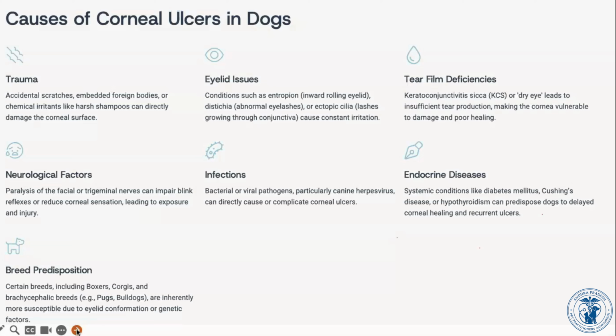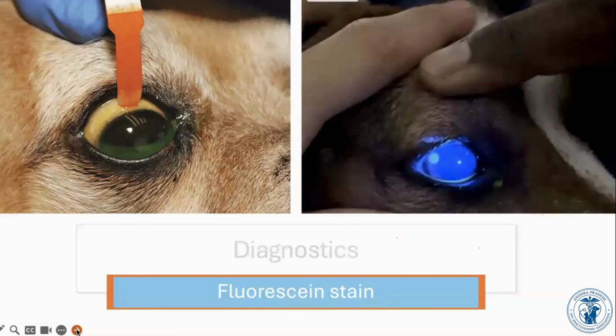Eye infections or even endocrine diseases also make them prone to eye ulcers. And as we all know, brachycephalic breeds like pugs, shih tzus, and bulldogs are well known for inherent predisposition to corneal ulcers.